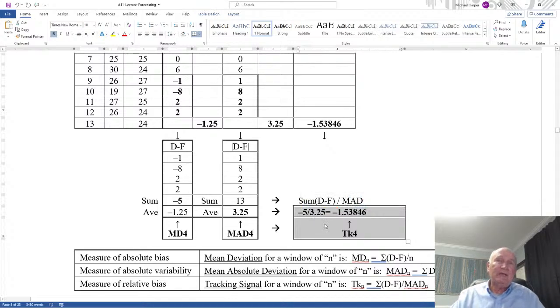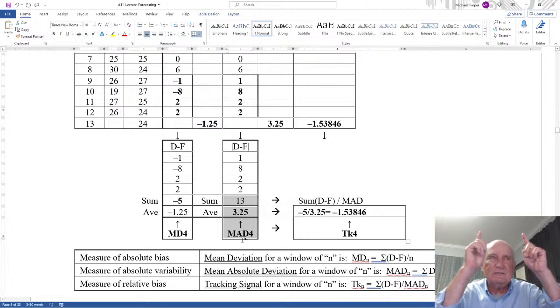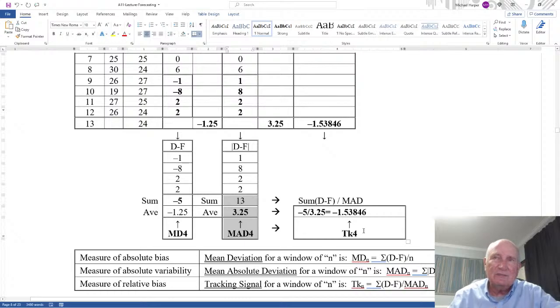Here's where you have the mean deviation and MAD combined. The numerator is the sum of the deviations, so that's a measure of bias. The denominator is MAD, which is a measure of variability. So it's a measure of bias divided by the variability. Essentially, it is a measure of bias, but it's a relative measure of bias. It's relative to the variability, MAD.